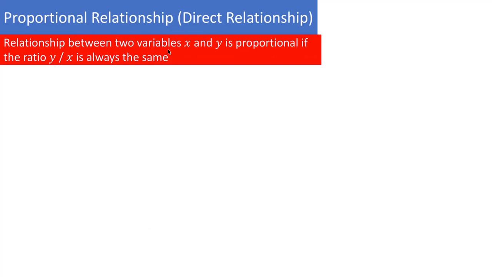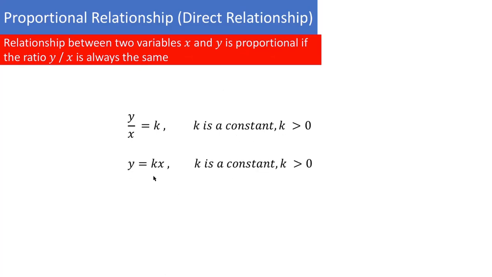A proportional relationship, sometimes referred to as a direct relationship between two variables x and y, is proportional if the ratio y to x is always the same, does not change. So y to x is constant. k is a constant, and we consider k as positive. So y would be equal to kx, where k is a constant greater than 0.